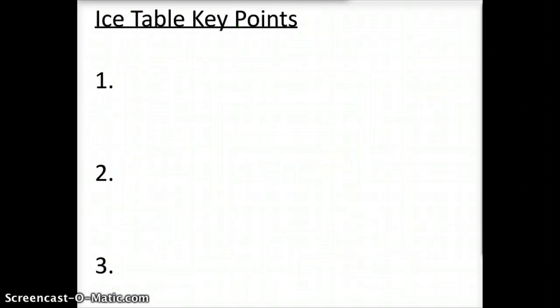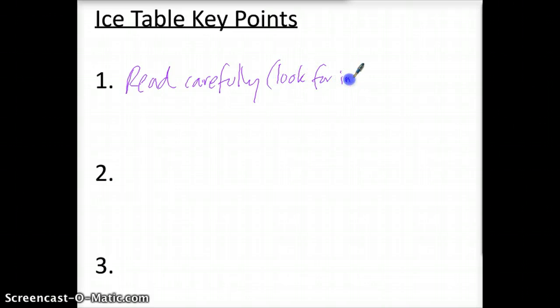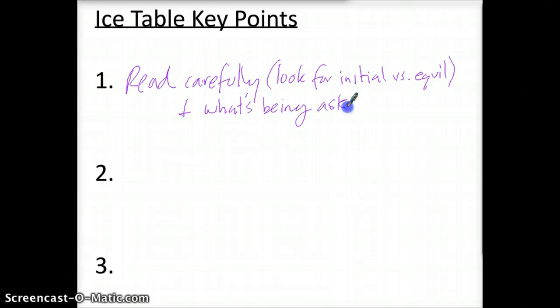A few key points, because this is overall a lot of new information on ice tables. Read carefully. You've got to look for initial concentrations versus equilibrium, and what's being asked. We want to know all that before we even start writing anything down on paper.